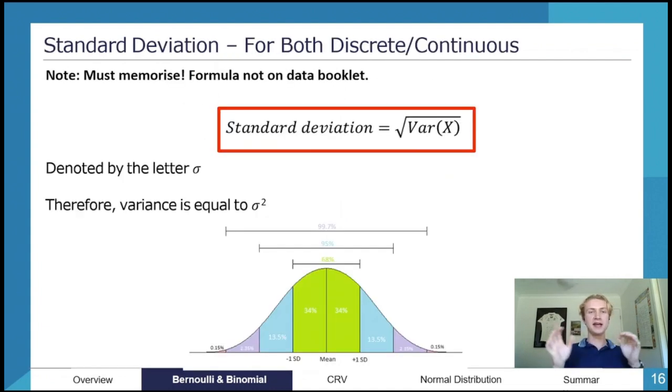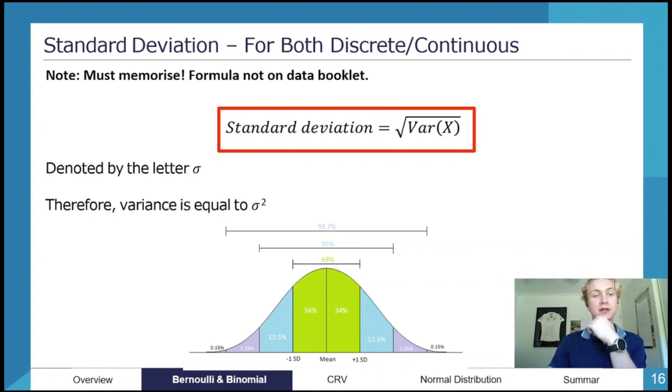All right, standard deviation. This one is for both discrete and continuous. If you're asked for standard deviation, all you do is take the square root of the variance. Now, this formula is not on the data booklet, which means you're going to actually have to memorize this one, unfortunately.